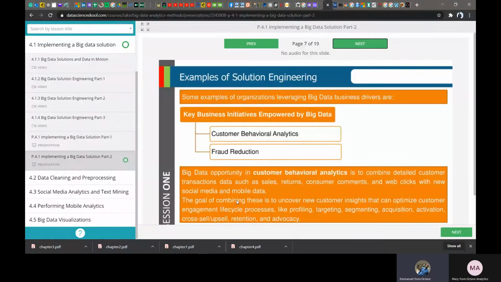So this will help the business make useful business decisions like profiling your customer, advertising specific products to target audiences, segmenting your customers into different pockets, acquisition of new customers, and all of that.